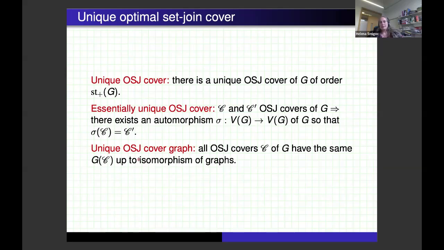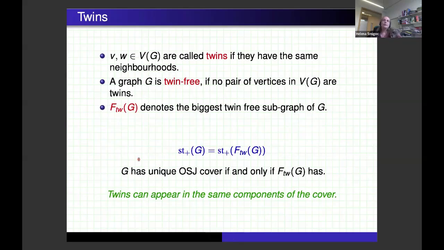The parameter ST plus of G behaves well with respect to certain operations. The one that you notice immediately, once you start thinking about this, is that this parameter behaves well with respect to duplicating vertices. So if I take a vertex and duplicate it with the same neighborhood, then I will not change the SNT-rank.